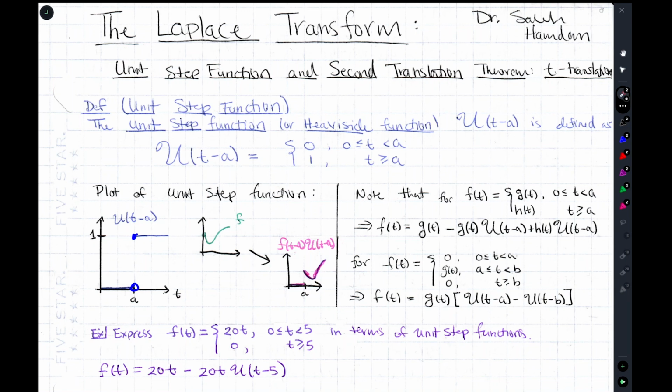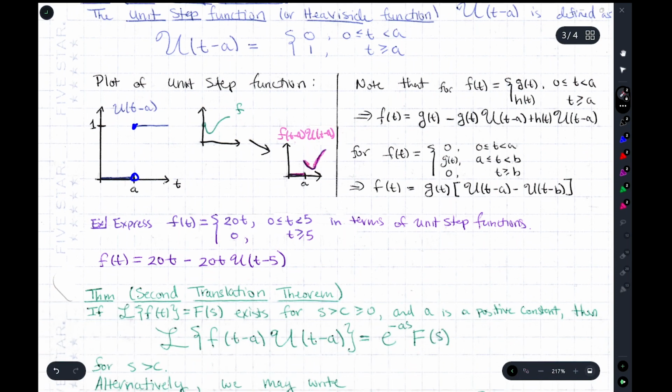So let's look at a concrete example of doing this, looking at piecewise functions and framing them in terms of the unit step function. So we have f of t here. It's 20t from 0 to 5, and then at 5 and greater, it's 0. And how do we put this in terms of the Heaviside function?